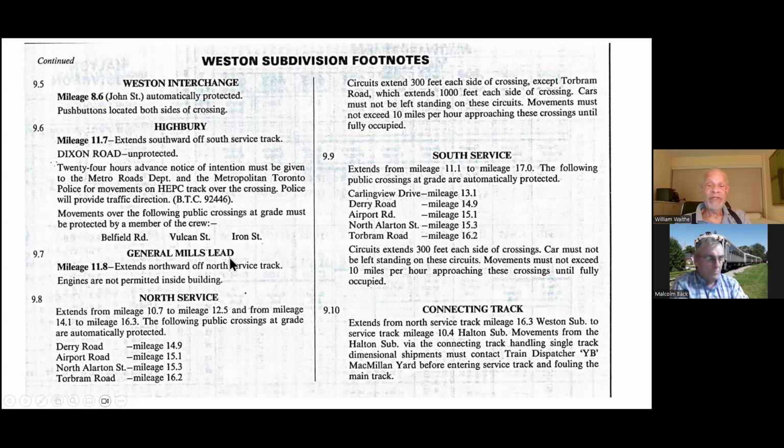Mention of the General Mills lead, which is one of the industries on the layout, refers to locomotives not permitted inside of the building, and so on. And these footnotes were very useful.